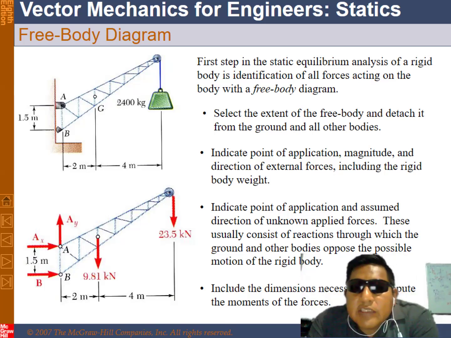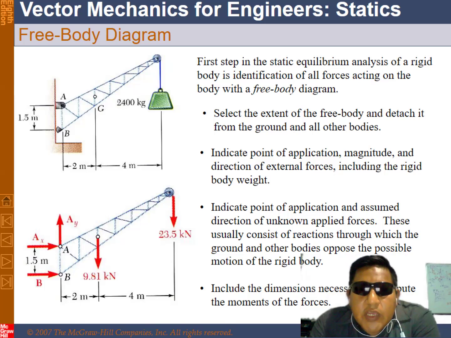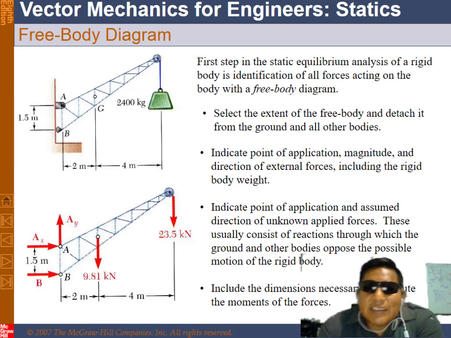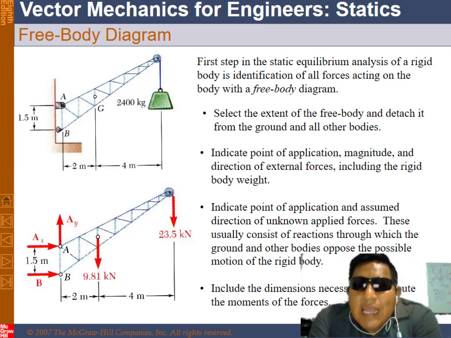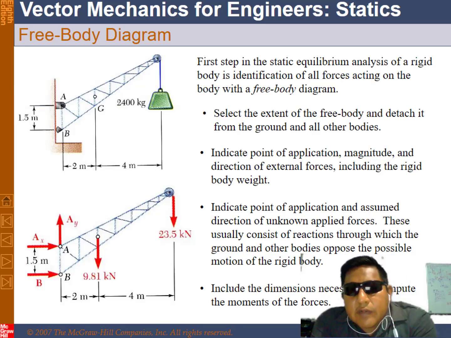First, in the static equilibrium analysis of a rigid body, identify all the forces acting on the body with a free body diagram. Select the extent of the free body and detach it from the ground and other bodies. Indicate the point of application, magnitude, and direction of external forces, including the rigid body weight.